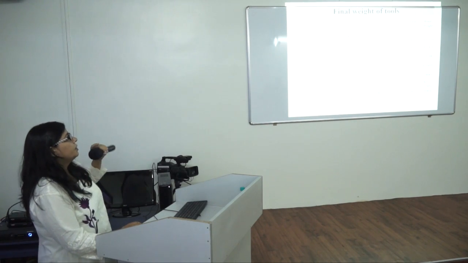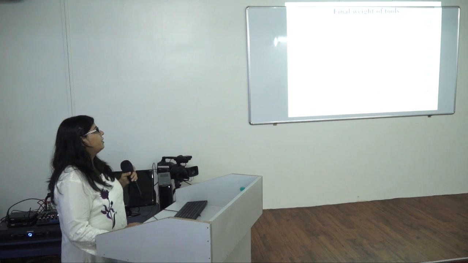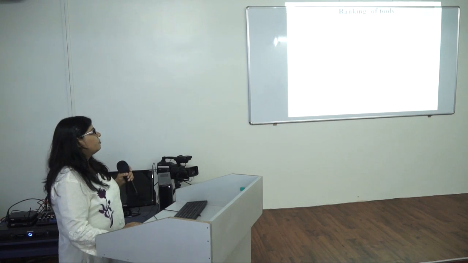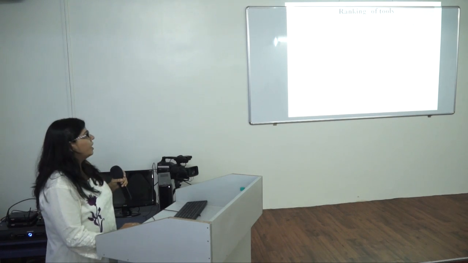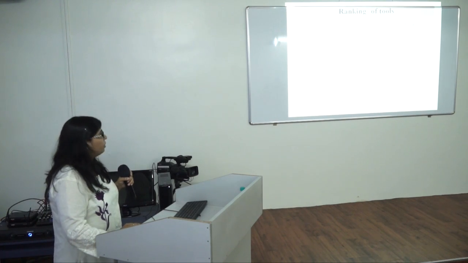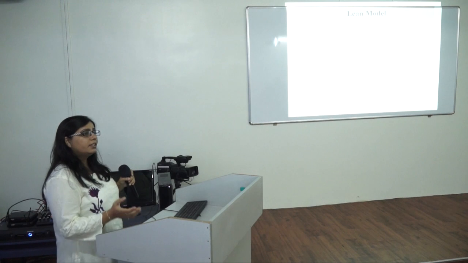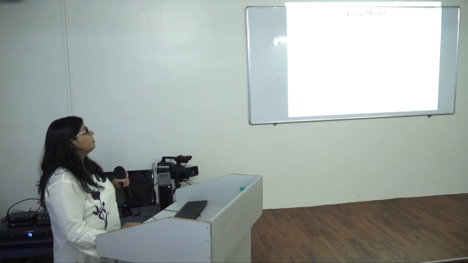And then after calculation, the final weight is here, and these final weights define Kaizen as the most important tool, and user management as the least important tool. After defining this, this is my model.